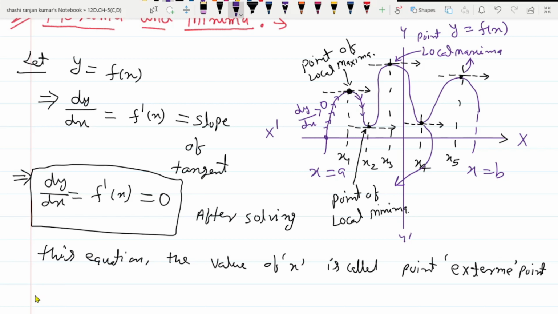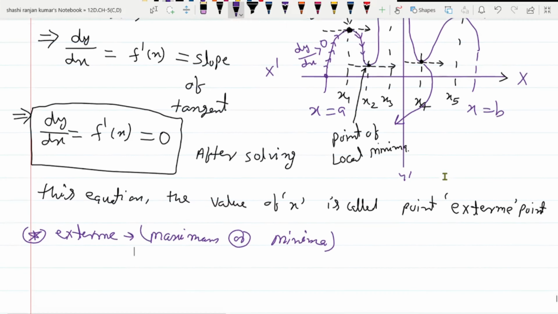So what does the word extrema actually mean? The meaning of extrema is maxima or minima here. Okay, fine. Means when we are solving dy by dx, we will get the point of maxima or we will get the point of minima.